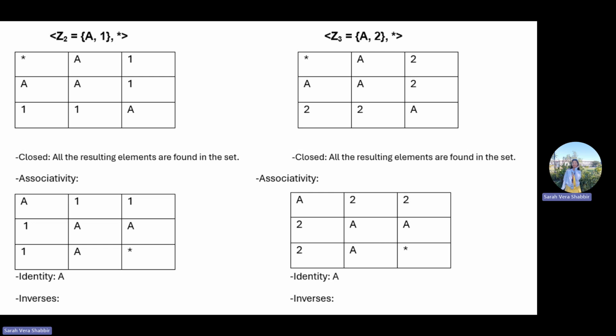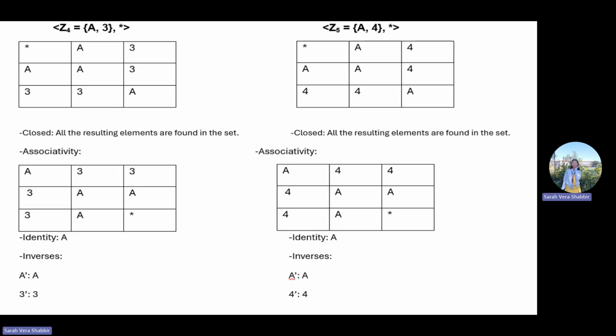Now, just like this, Z sub 3 is A and 2. Just like here, it is also closed and it forms associativity, has the identity A, and the inverses: the inverse of A is A and the inverse of 2 is 2.